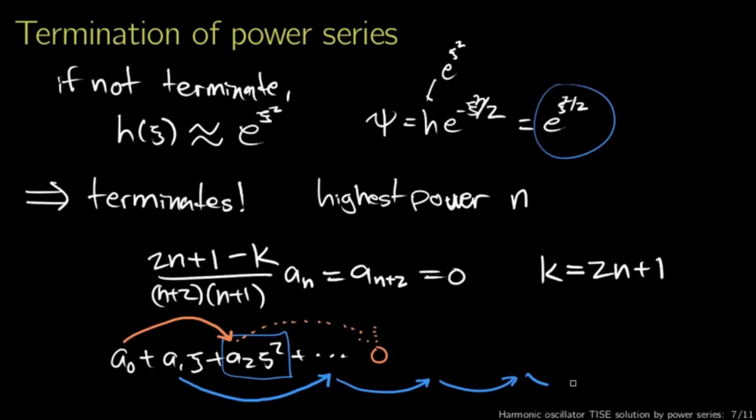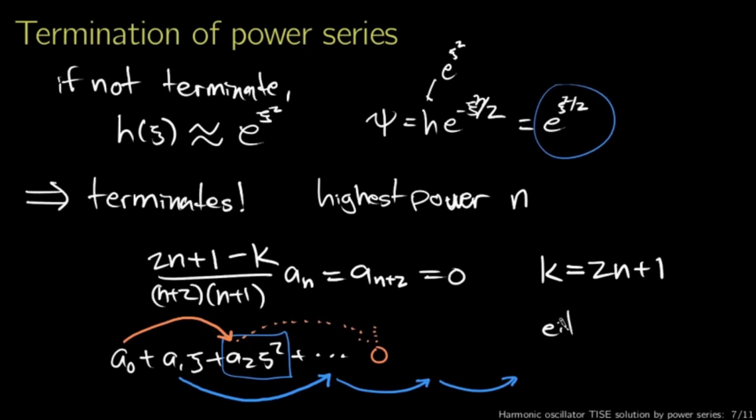Effectively, what this means is that if I want a normalizable solution, not only does my power series have to terminate, but if I'm going to say terminate at an even power, I have to have no odd powers. I have to use 0 for A1. So that takes away a good deal of the freedom I had when I was choosing my solutions. If I'm going to have a solution with even powers in it, terminating on an even power, I have to have no odd powers in my solution at all.